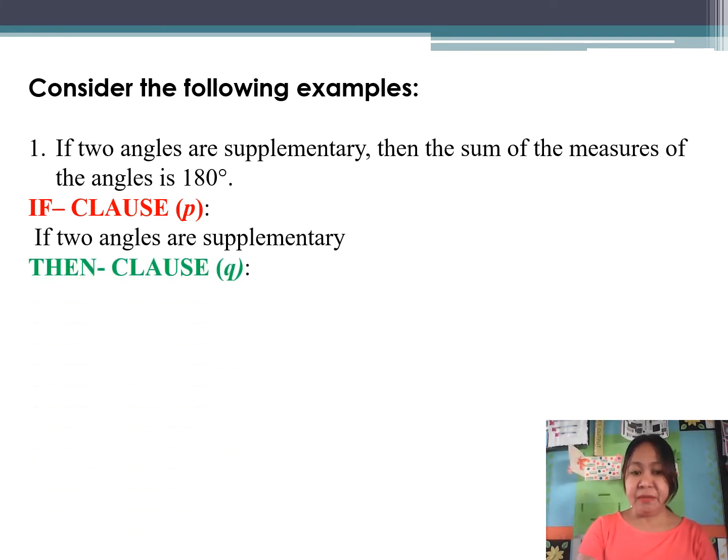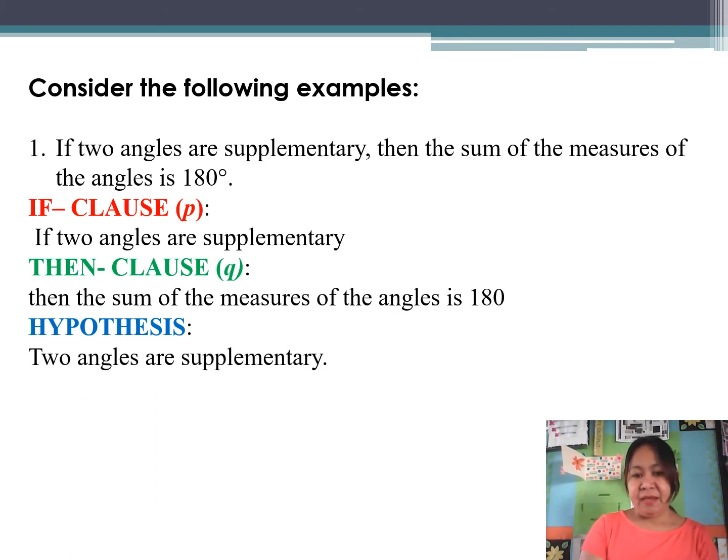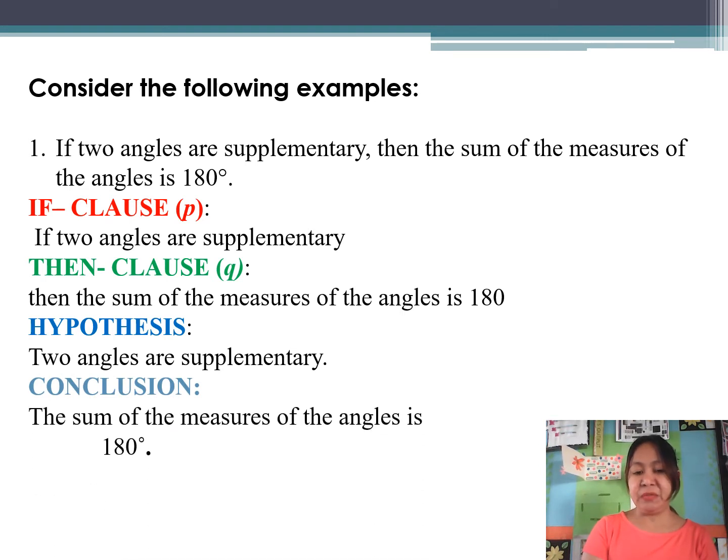The then clause, or the Q part, is: then the sum of the measures of the angles is 180 degrees. Our hypothesis: two angles are supplementary, and the conclusion: the sum of the measures of the angles is 180 degrees.